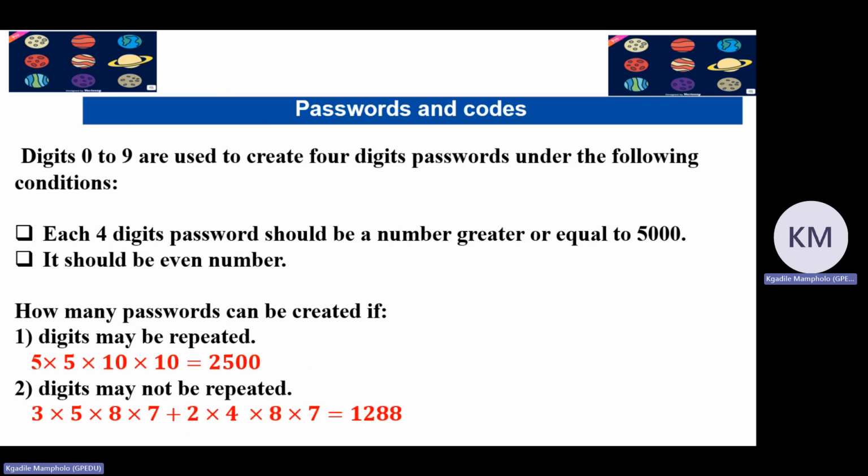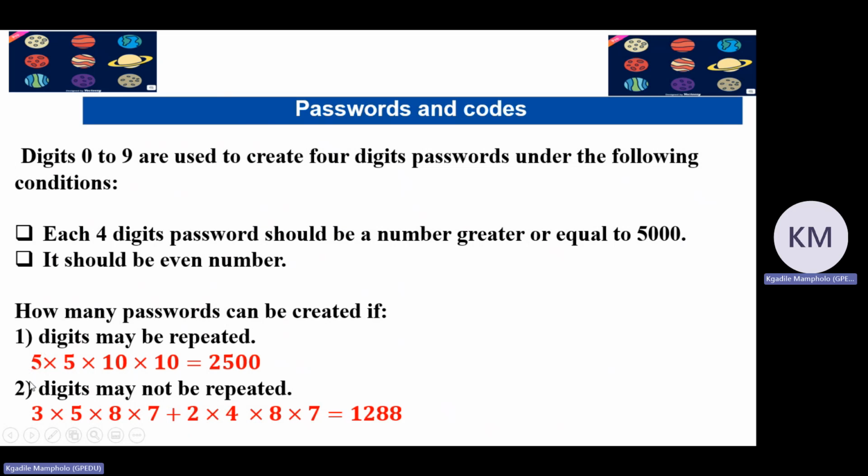Now, for a 4-digit number to be greater than or equal to 5,000, it must begin with 5 to 9. It can be 5, 6, 7, 8, or 9. There are 5. Hence, we have 5 here.